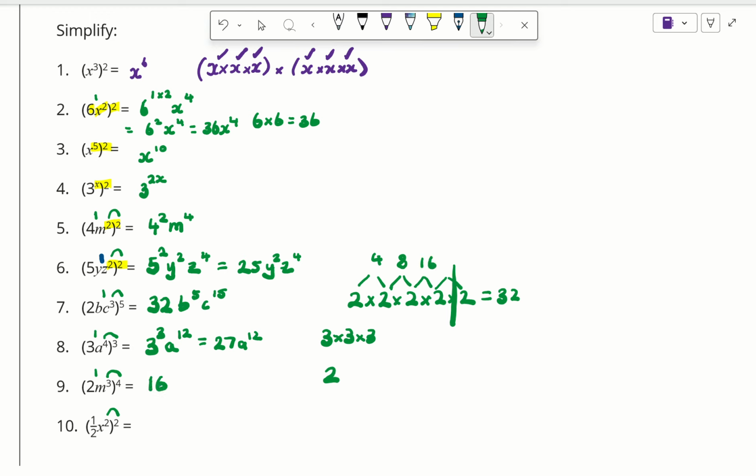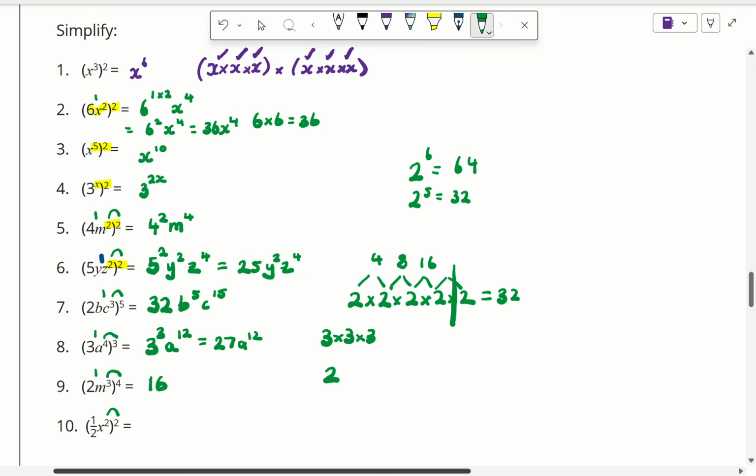It'd be nice to know the powers of 2 up until maybe 2 to the power of 6. 2 to the power of 6 is 64. 2 to the power of 5 is 32. It's good to know these because you do use those a fair bit in maths. 2 to the power of 3 is 8, and 2 to the power of 2 is 4. And of course, 2 to the power of 1 is just 2. Anything to the power of 1 is itself.